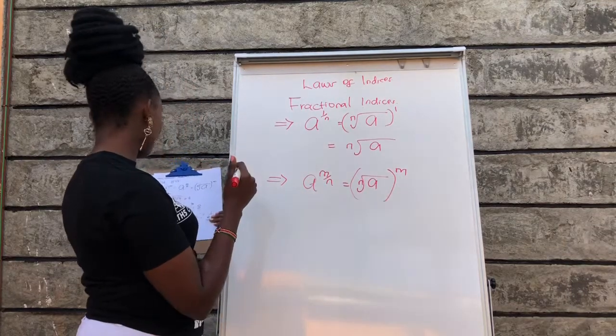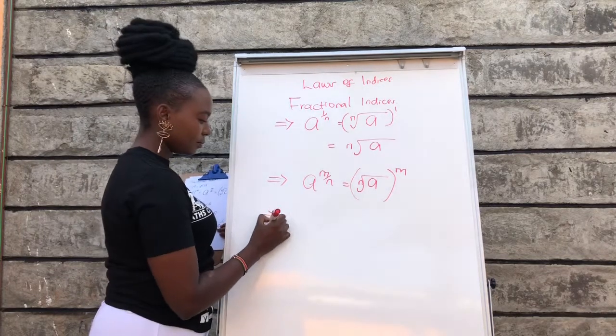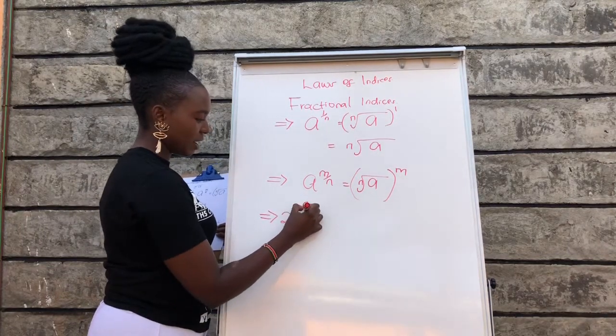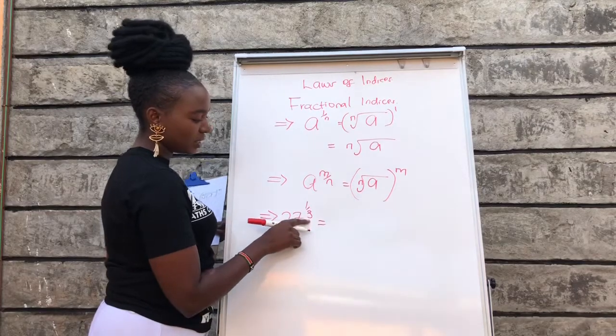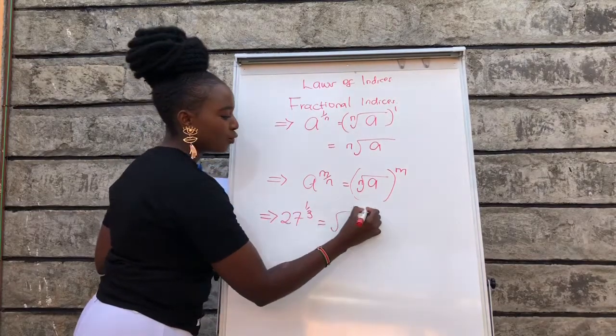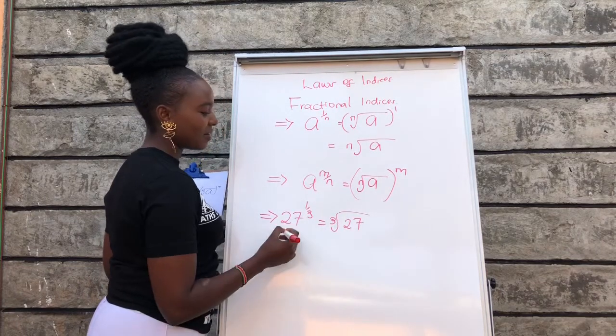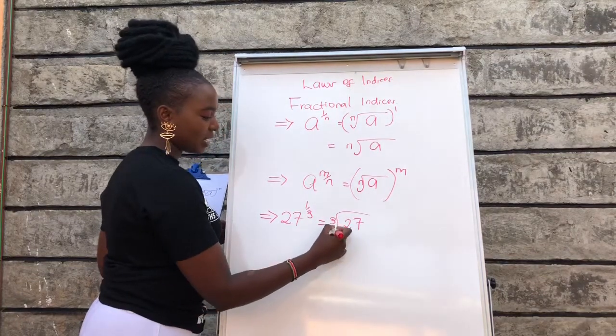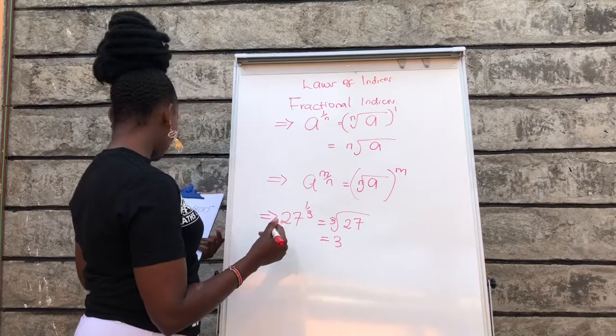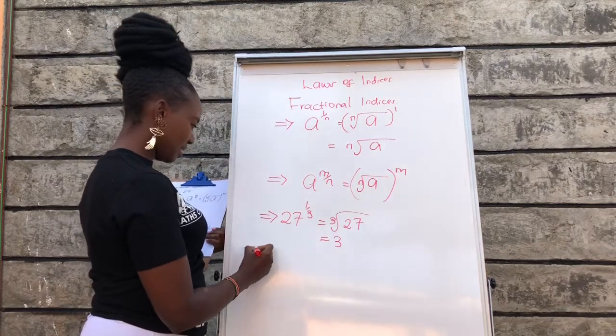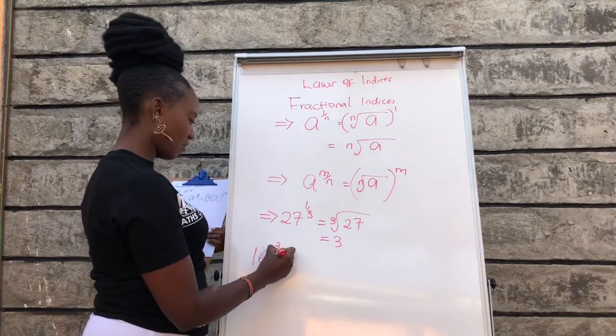So let's assume we've been given an example, 27 raised to a third. Remember we said the denominator is the root form. So it's the cube root of 27. So this technically becomes 3. Let's look at another example. You've been given 16^(3/4).